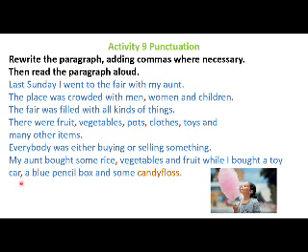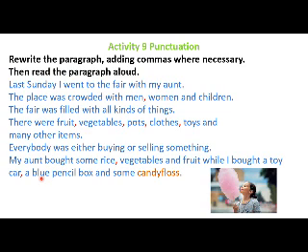My aunt bought some rice, vegetables and fruit. Again you can see the series of nouns, right? You have to separate them with commas. Rice, comma, vegetables and fruit. While I bought a toy car, a blue pencil box. Right, my aunt bought some rice, vegetables and fruit.